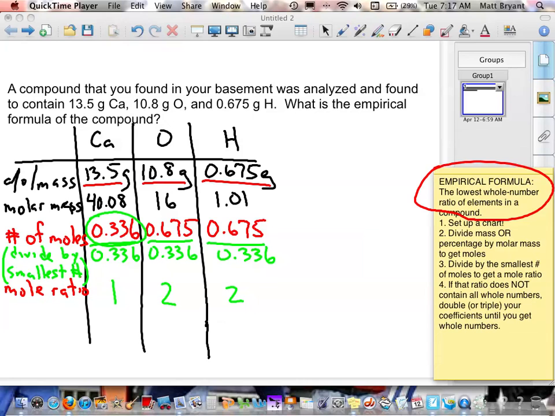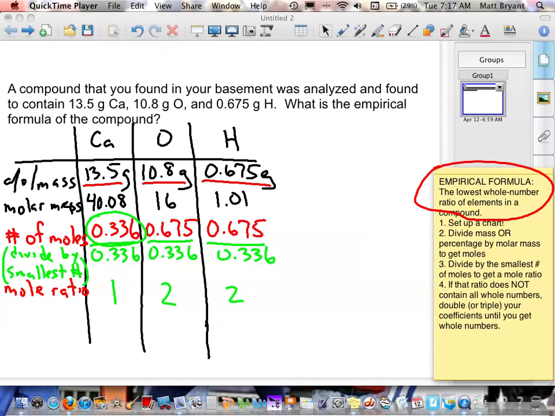Now, if in this last step we did not have all whole numbers, for instance, if one of them was 2.5, we would need to either double, usually doubling works, or triple our coefficients until we got whole numbers. Usually there will be something like 1.5 or 2.5, and you'll just have to double it, and then you're done. Try that first, and if it doesn't work, we can go from there. But generally, that's all you're going to need to do.